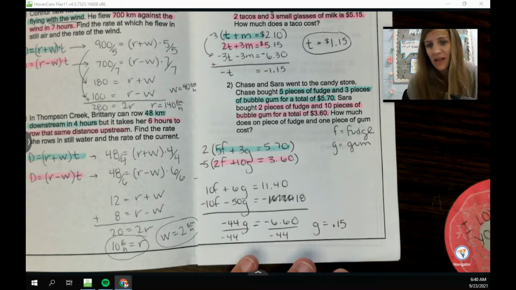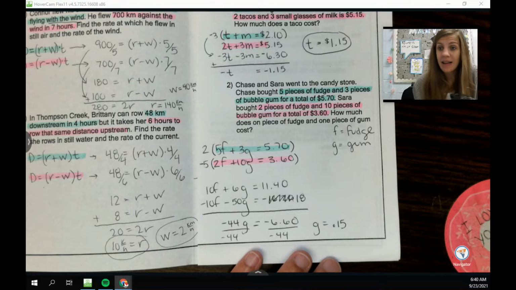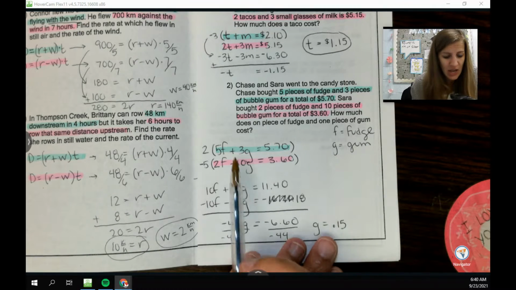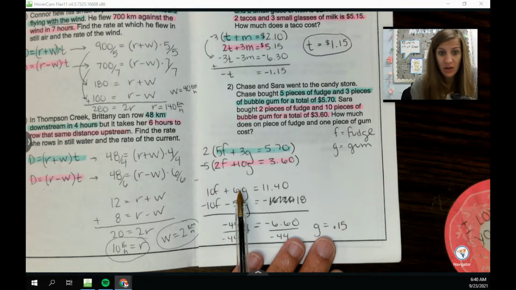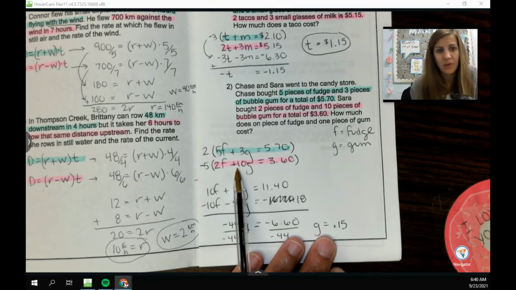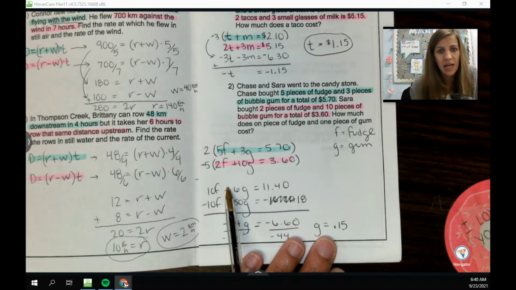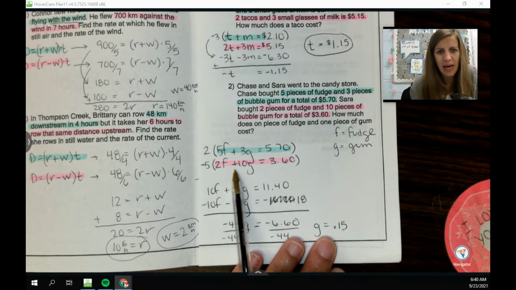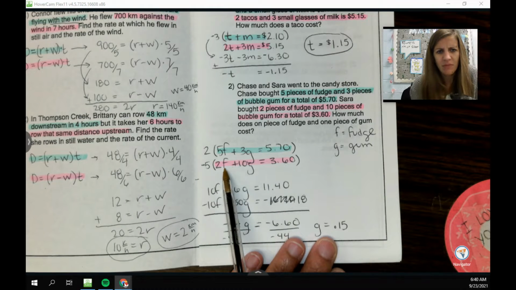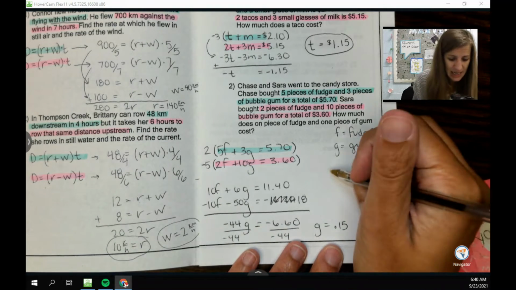Like, gum's not expensive. And then we also want to go back and find the price of a piece of fudge. And so I could use any of the equations I created or any of the original ones. I think I'm going to go with that bottom one because the number in front of f is smaller. Also, multiplying by 10 is easy.